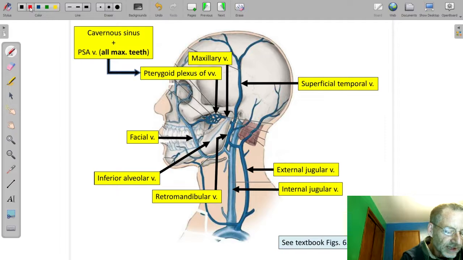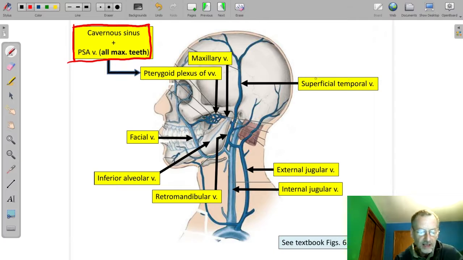So what we're going to be looking at is, well, let's just do it this way. The cavernous sinus and the PSA vein, they all drain into this pterygoid plexus of veins. It's a rather conservatively small illustration, but for the sake of illustration, they've kept it rather simple. But the PSA is not shown well, but you can see the vein shaded in blue for the maxillary teeth.